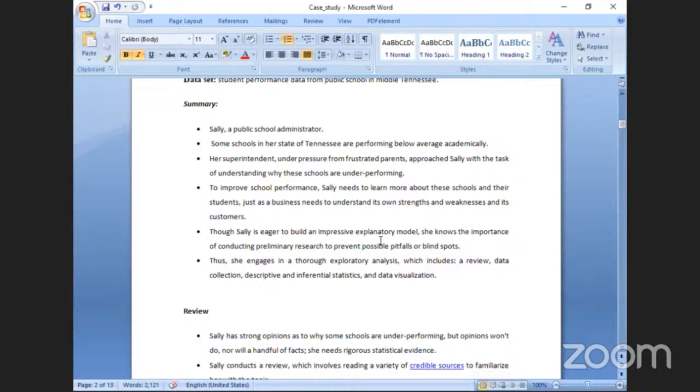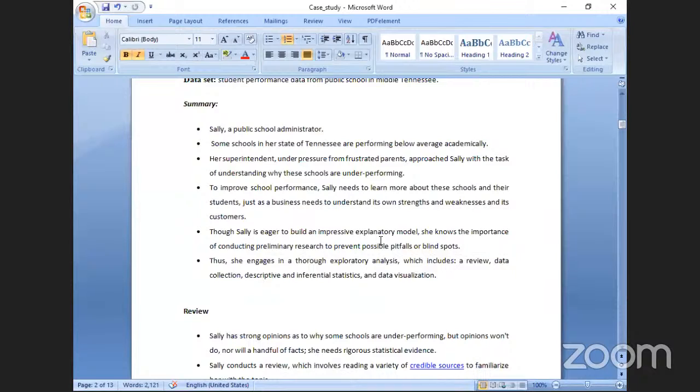She started, let's say, with some eagerness, to build an impressive explanatory model. But she understood that it is not going to give much of the required output or analysis, because there may be a chance that it possibly avoids pitfalls or blind spots which exist.